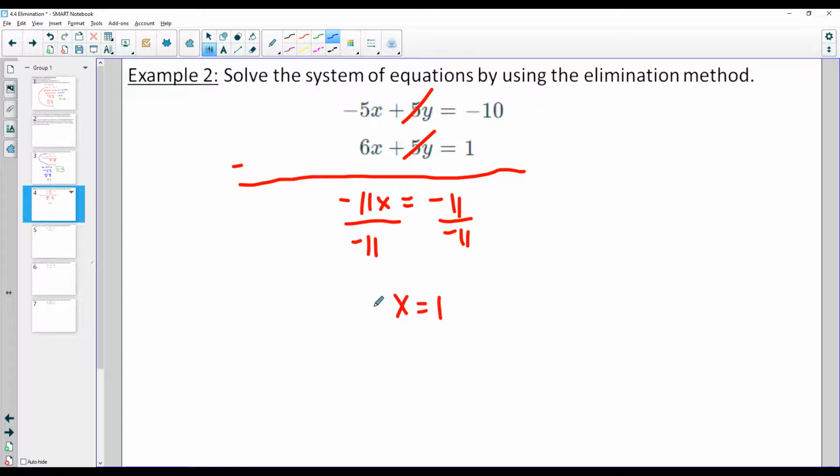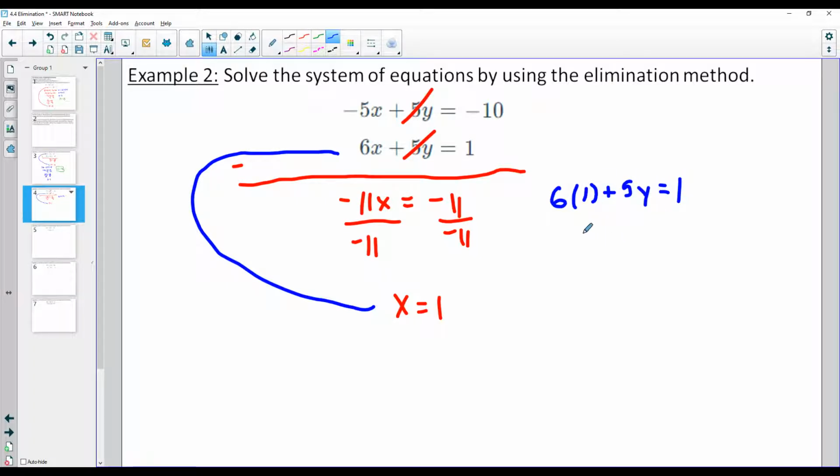So now that we have x equals 1, we can substitute it back into whichever one we think would be easier. I'm going to go with the bottom one just because they're all positive. So then we're going to get 6 times x, which we just said is 1, plus 5y equals 1. So we get 6 plus 5y equals 1. Subtract 6 from both sides.